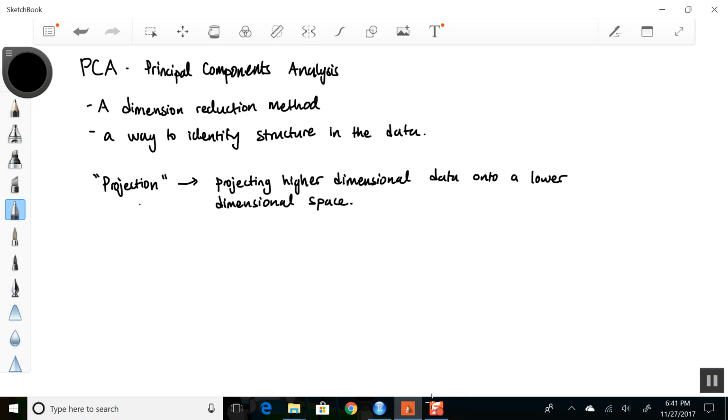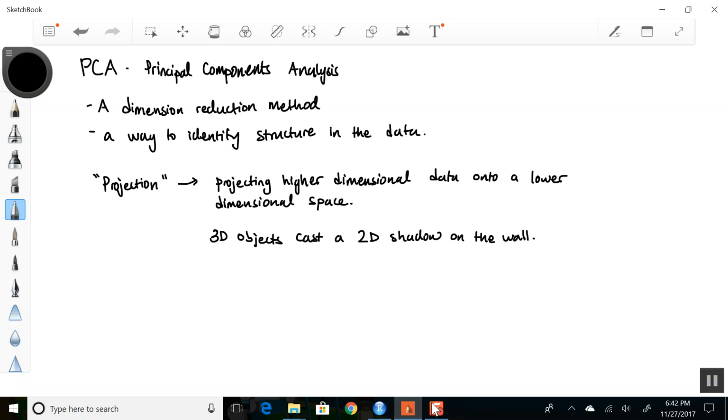Okay, so we have this. 3D objects cast a 2D shadow on the wall. Okay, and when you cast a three-dimensional object onto something of a lower dimension, you're going to lose some aspects.